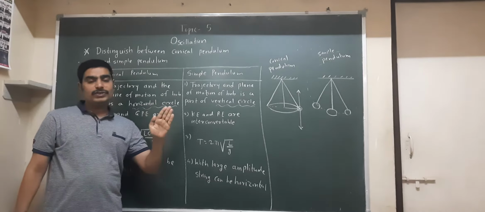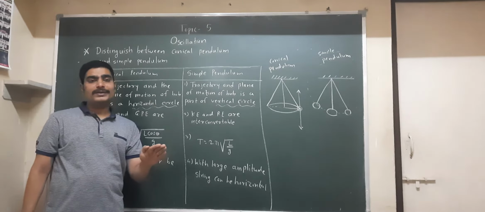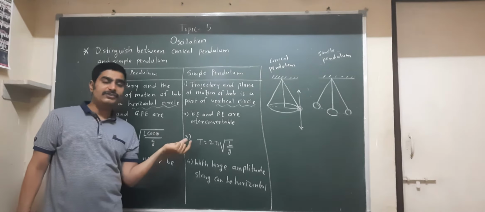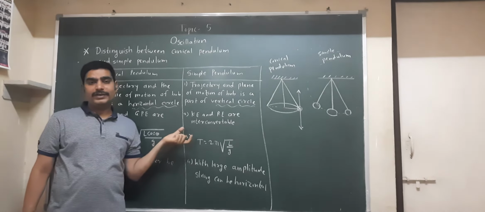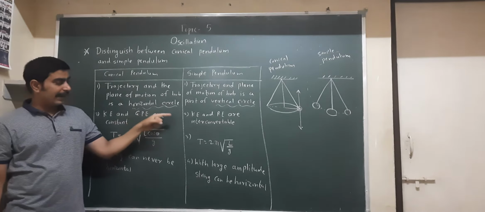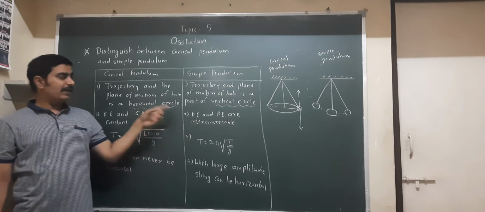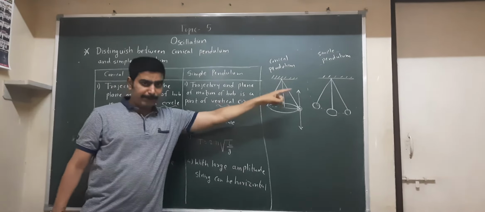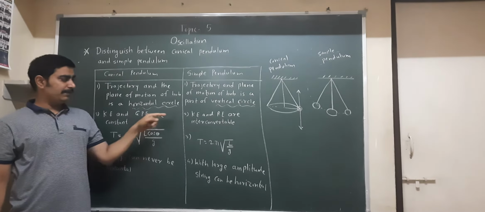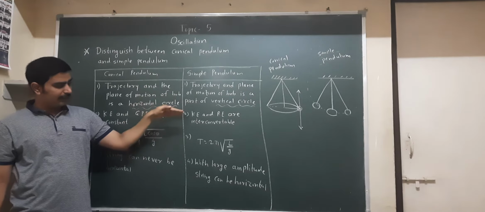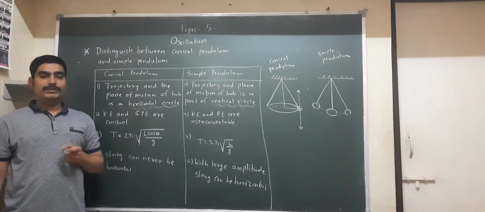At the mean position, we have said what the position of the kinetic energy is. At the extreme position, we have studied what the position of the potential energy is. So remember, kinetic energy and potential energy are interconvertible in the simple pendulum, but the total energy will always remain constant. It means if the kinetic energy increases, potential energy decreases, but the total energy remains constant.